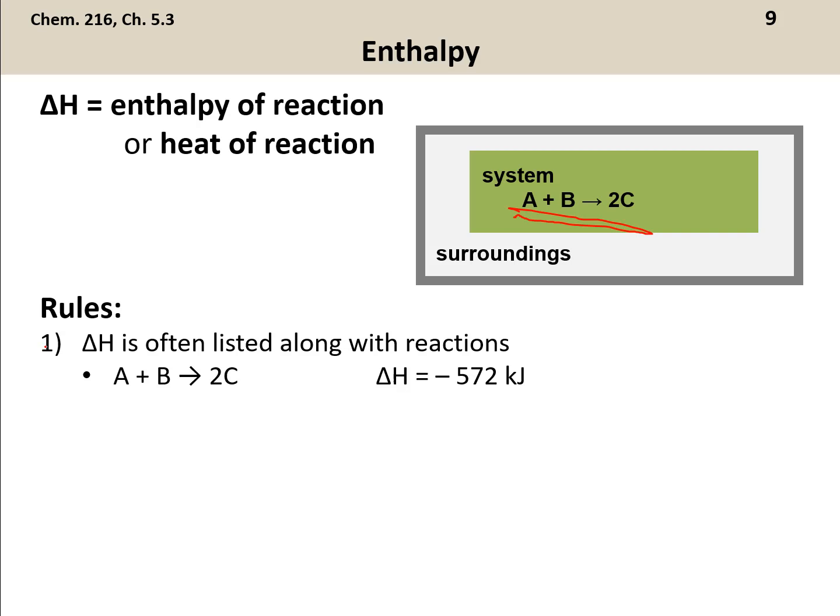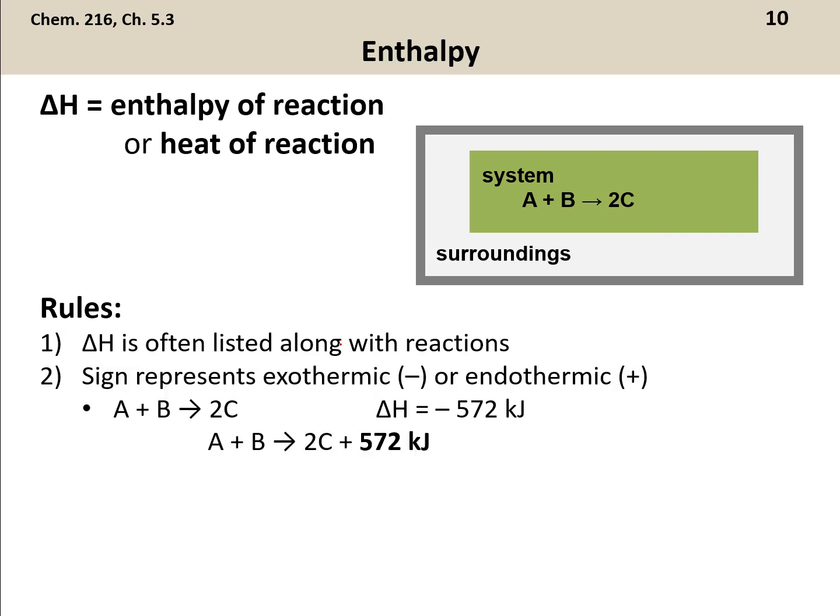Okay, so we have some rules about delta H. The first rule is that a lot of times we say, here's my reaction, and its delta H is negative 572 kilojoules. We can just list all these. That delta H tells me whether it's exothermic, meaning it's negative, or endothermic, meaning it's positive.